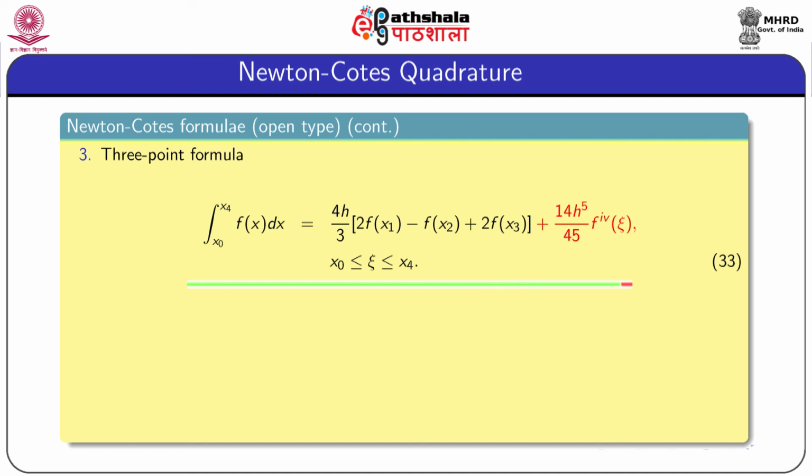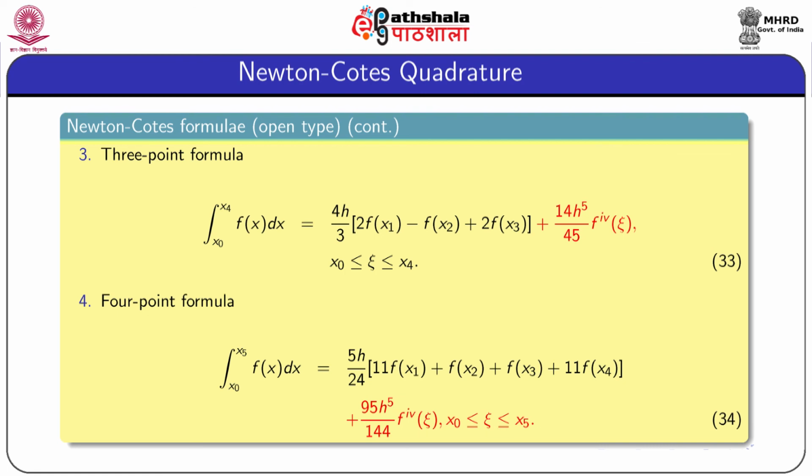That means this formula gives the correct answer for polynomials whose degree is up to 3. In this formula also the arguments x0 and x4 are not included in the formula. That is why this formula is also known as the open type formula.